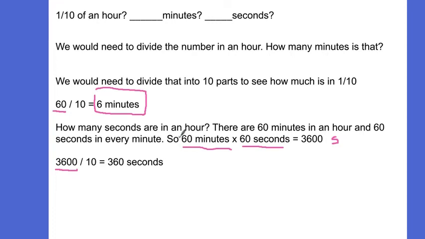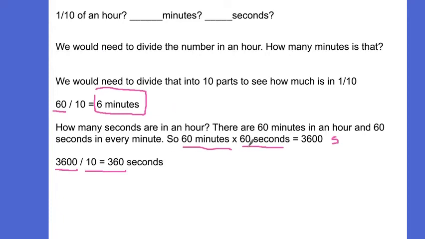That would be 6 times 6 is 36, plus the 2 zeros is 3,600 seconds. So 3,600 seconds divided by 10 is 360, right? Because you can see that 1 times 36 is 36 plus the 2 zeros. Okay, so it's basically a division problem.